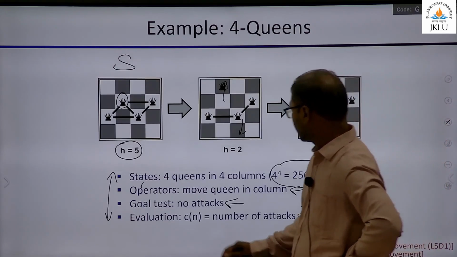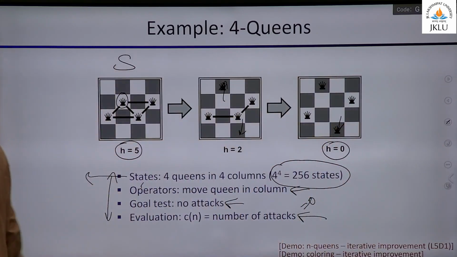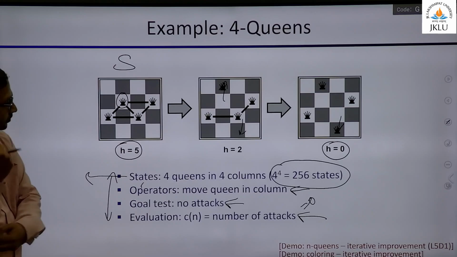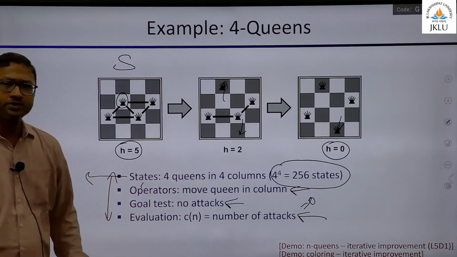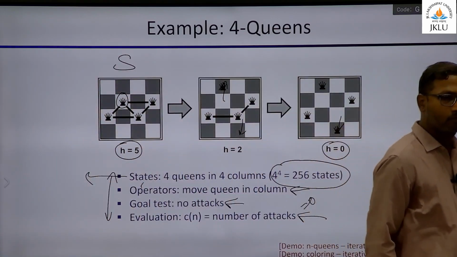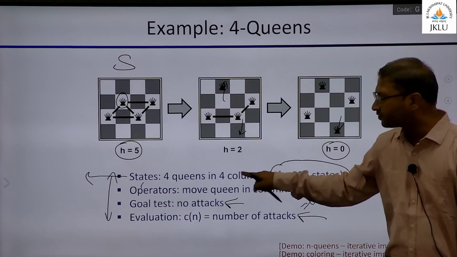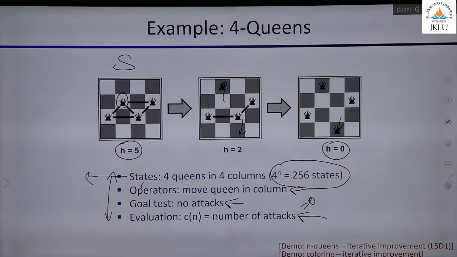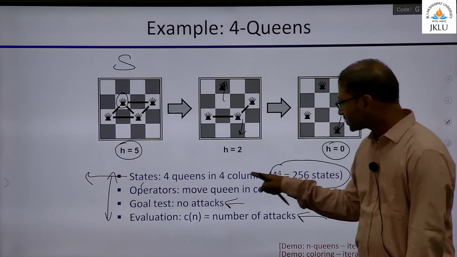But I still don't understand this. Why are we talking about 4 columns? Can you just replace it with rows?